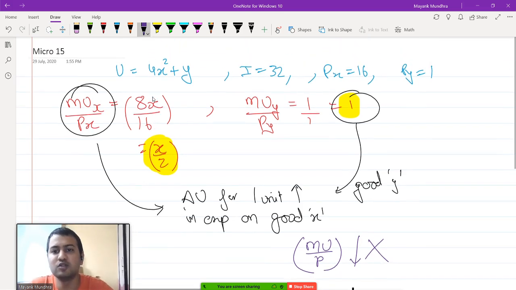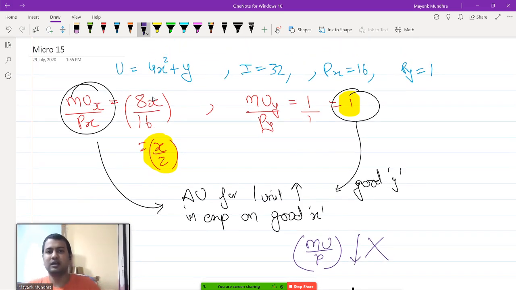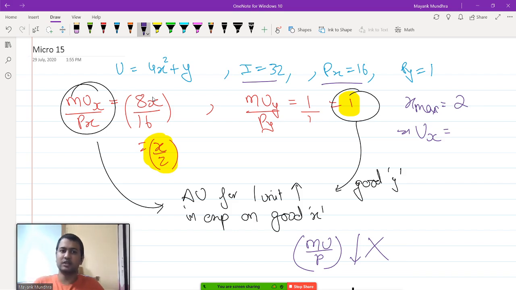If he consumes good X entirely, then the amount of good X that he can consume is X max equals income 32 divided by price of good X, which is 16, so 2. So if he consumes only good X, utility from consuming just good X would be 4 times 2 square, so that is 16.